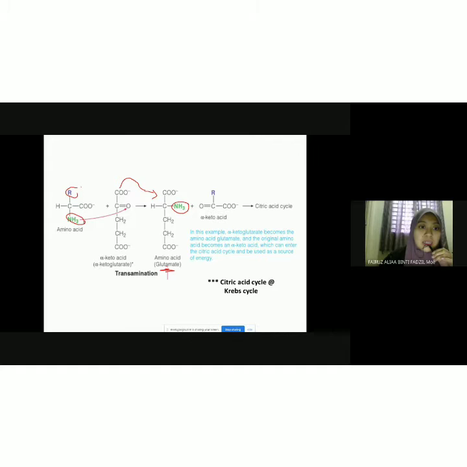It becomes an alpha keto acid, and this alpha keto acid will go to the Krebs cycle. The citric acid cycle, also known as the Krebs cycle, and then it will be used to generate ATP.